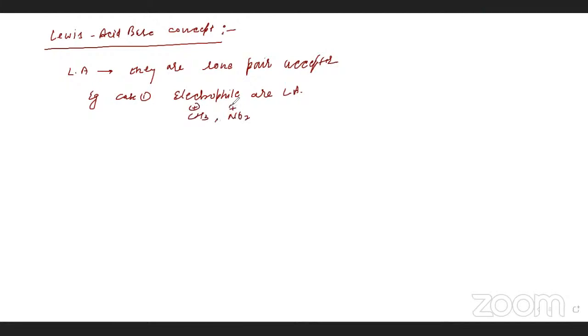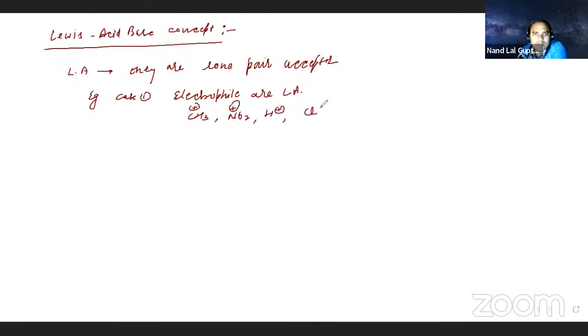NO2 plus, H plus, Cl plus, whatever the positive charge you may write, this is the Lewis acid except H3O plus. Why is H3O plus not a Lewis acid?